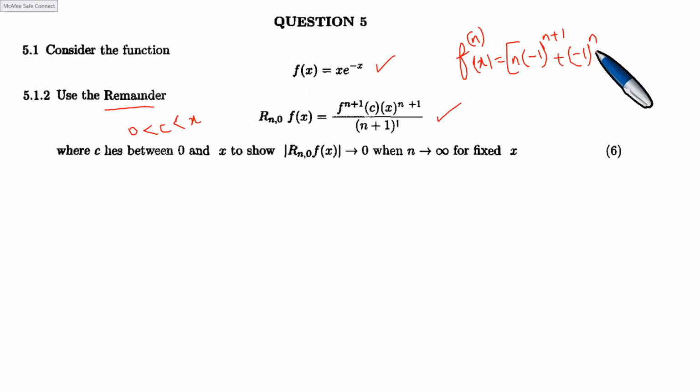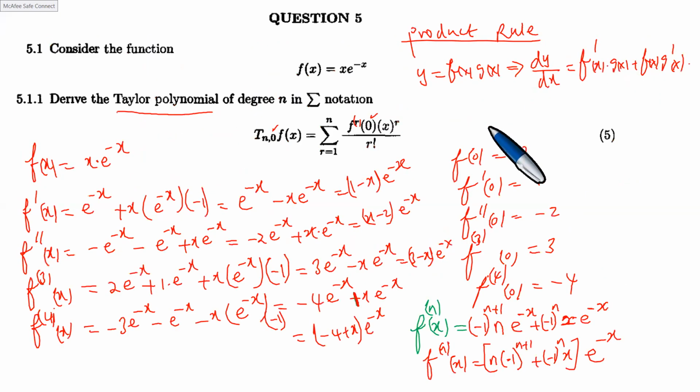Right, so there's an x e to the minus x. If this is the derivative, it means when you change the n's, if you find f2, the second derivative, when n is 2, it must produce this.